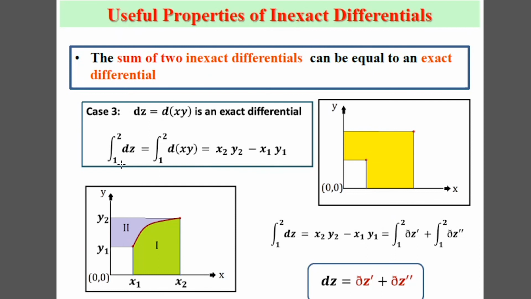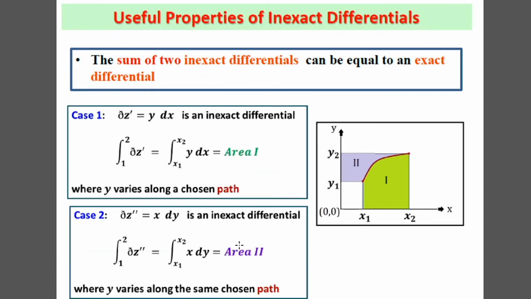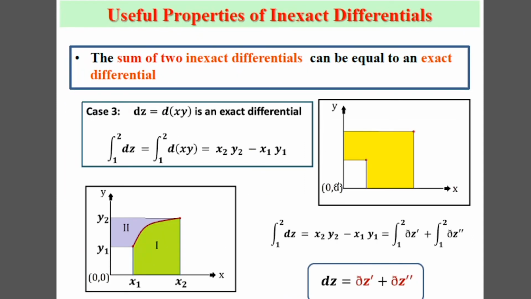If I add up the differential of this part, integrated from x1 to x2, and the differential of this part, integrated from y1 to y2, this represents this area and this represents this area. So the total differential, if you simplify, is nothing but the sum of the two inexact thermodynamic parameters.